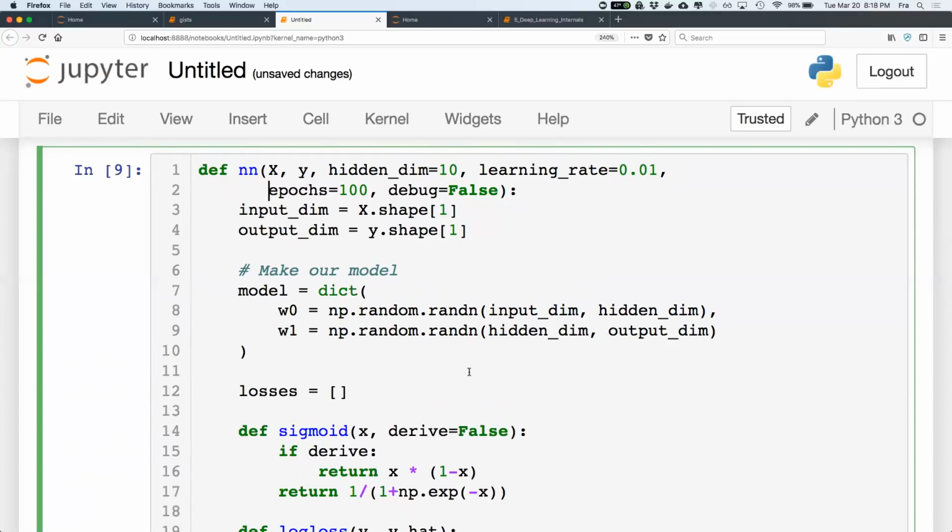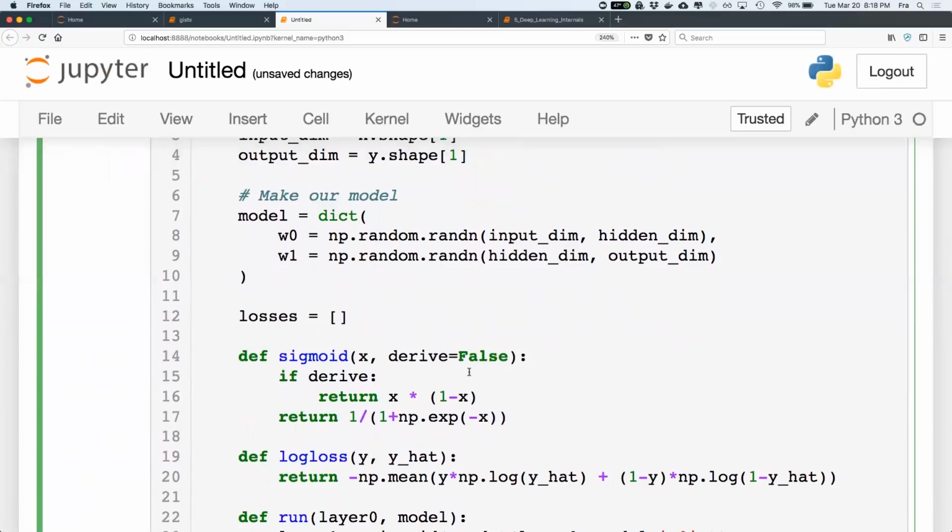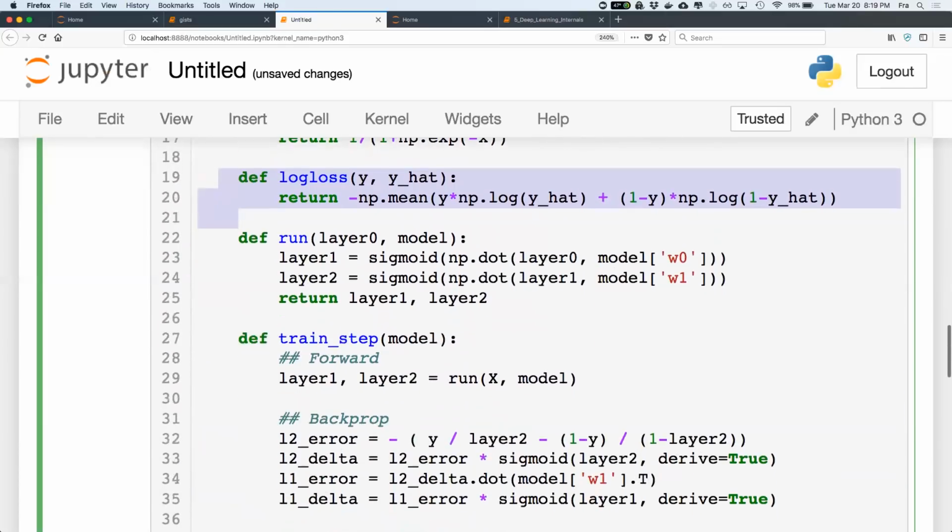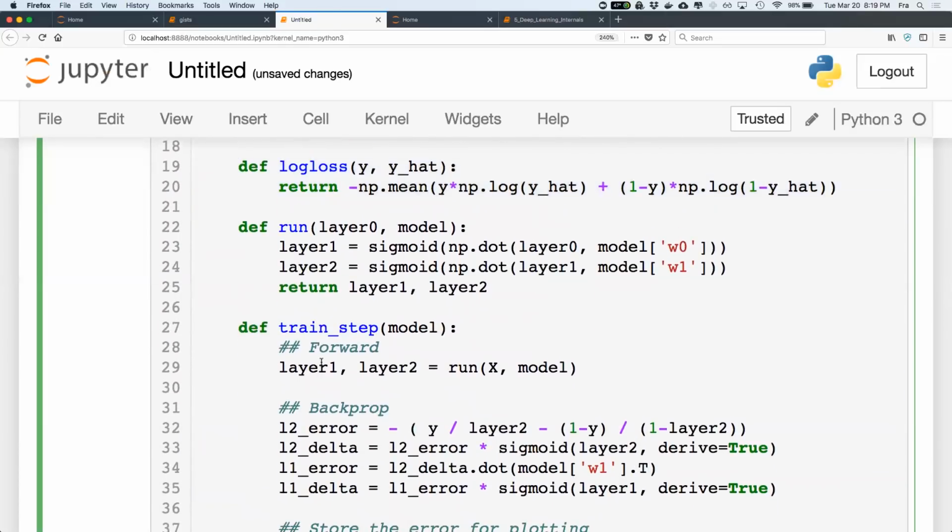I have the sigmoid function, which is 1 over 1 plus the exponential of minus x. And I have the derivative of that, if derive is a flag. I have the log loss, which is defined here. And then here's the model.